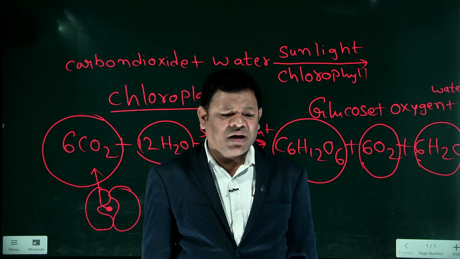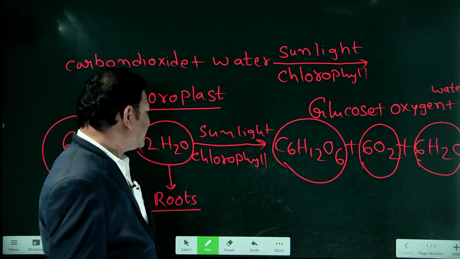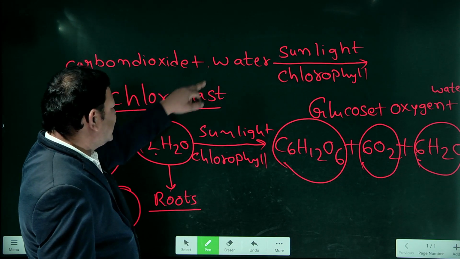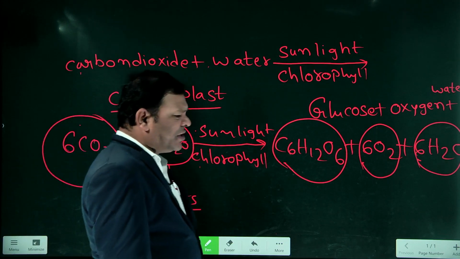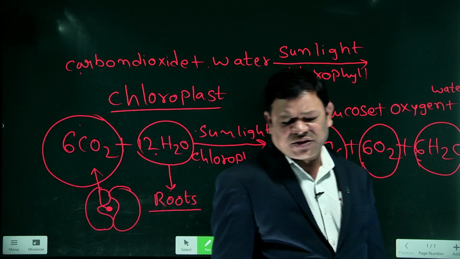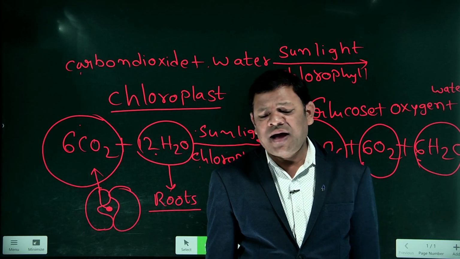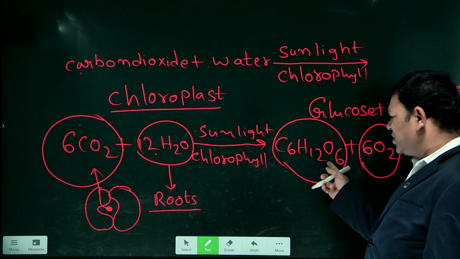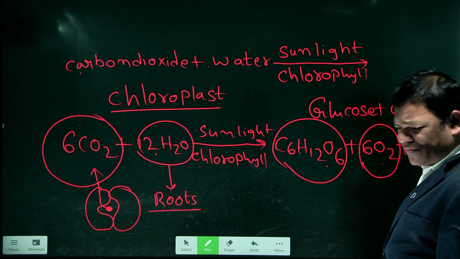Yes, sir. Okay. What are the requirements of photosynthesis? Carbon dioxide, water, sunlight, chlorophyll. If anything is absent, there is no photosynthesis. Where does photosynthesis occur? In all green plants. What are the end products of photosynthesis? Glucose, oxygen, water.